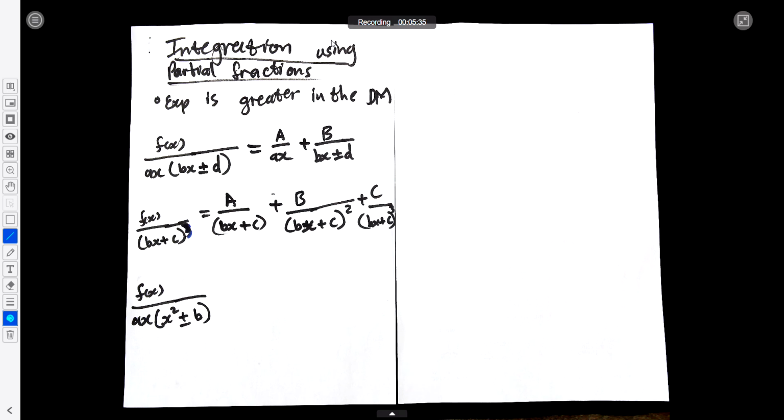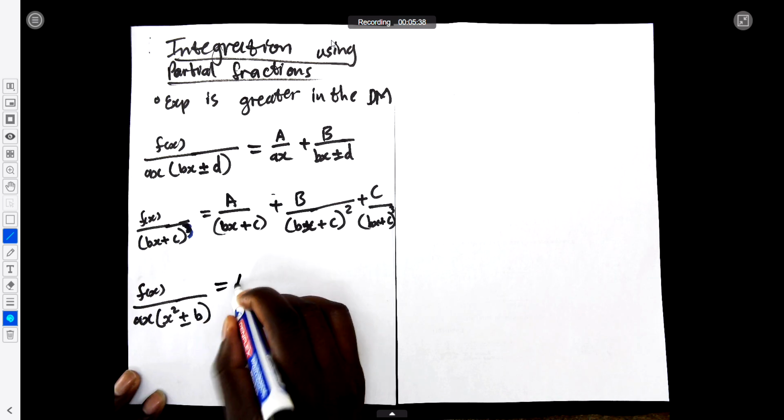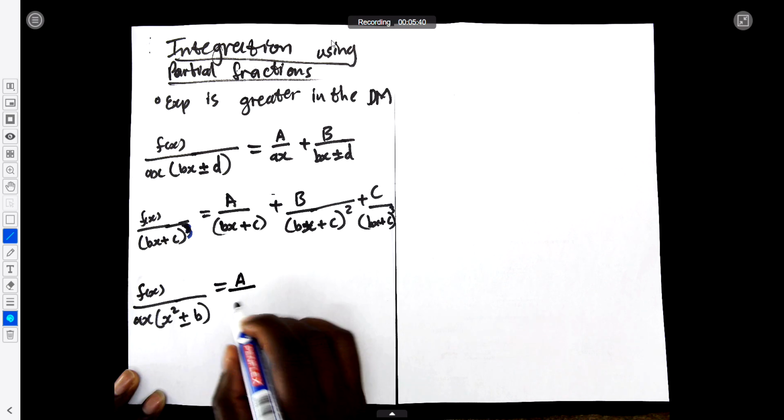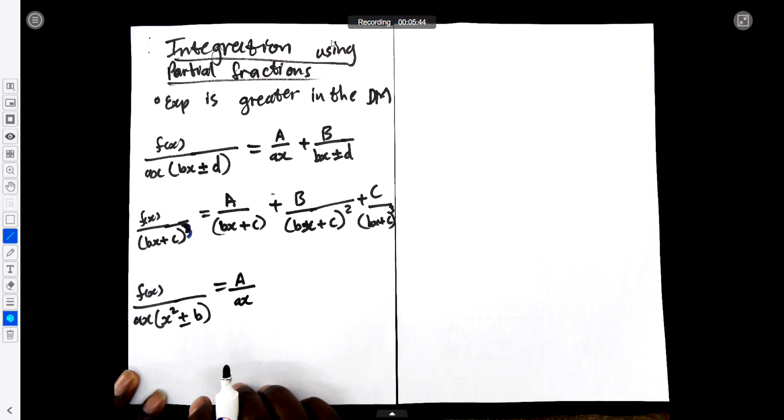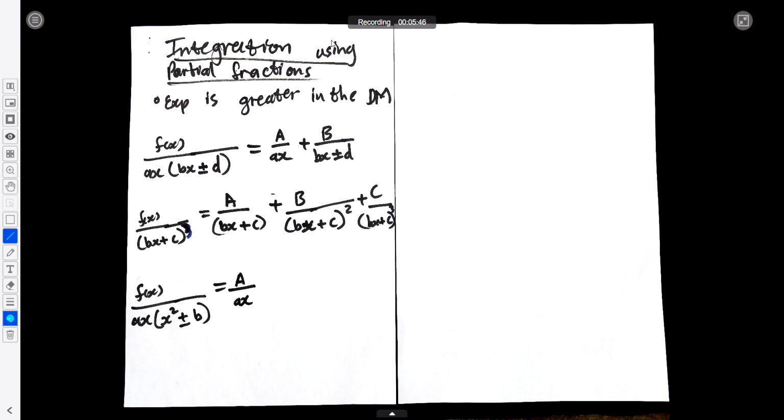If you couldn't factorize this into a linear factor, we do the same thing when we split. The first factor is linear and just one term, ax, so it will be divided by a.